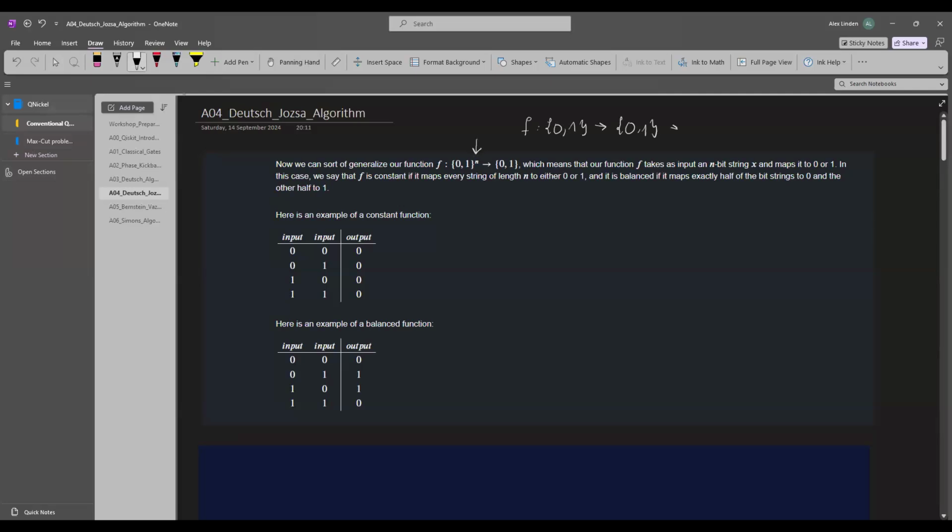And we had 4 possible functions. All right, and if we have f from {0, 1}^n to {0, 1}, how many possible functions are there?